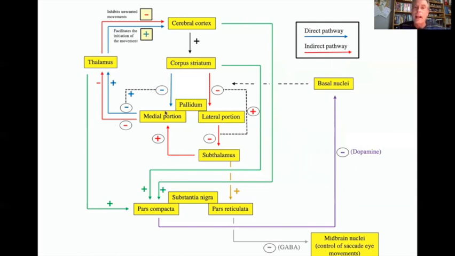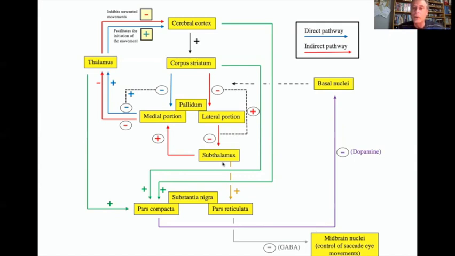However, when it reaches the lateral portion, as it is inhibitory and the lateral portion is also inhibitory, we end up having an activation of the subthalamus. The subthalamus activates the medial portion of the pallidum, which is inhibitory, so we are inhibiting unwanted movements. So a coordination of these two pathways is a key for the correct movement.